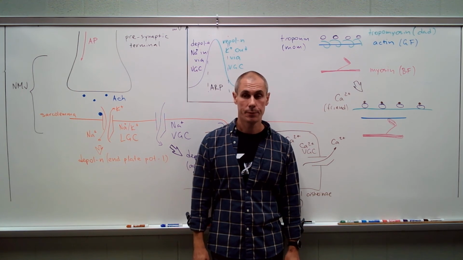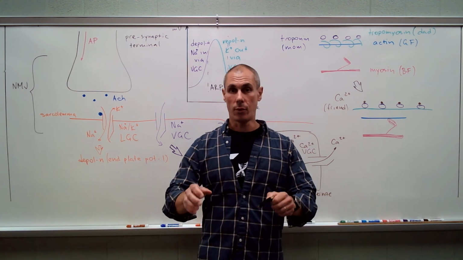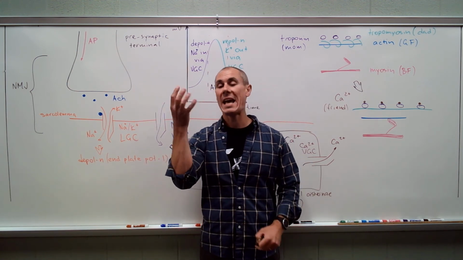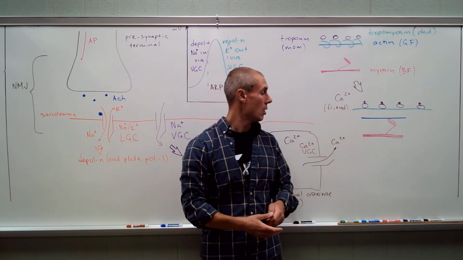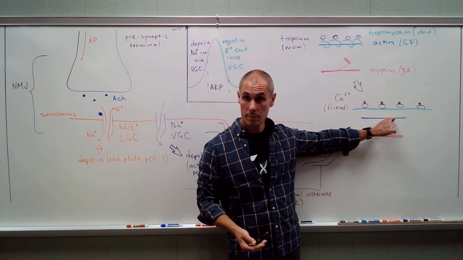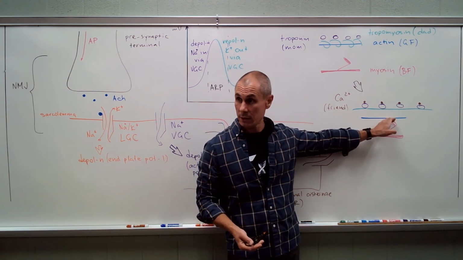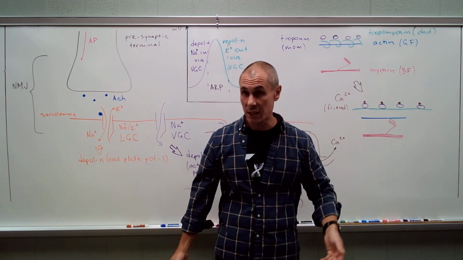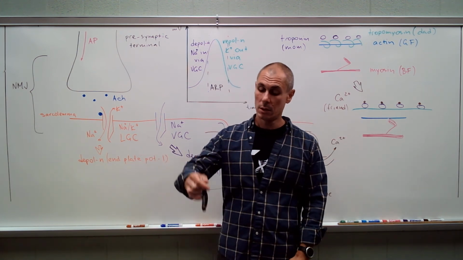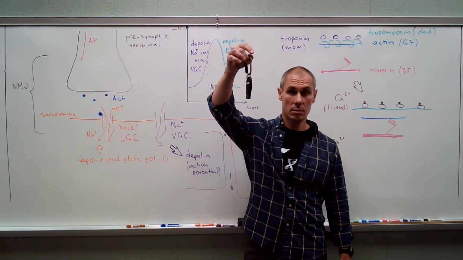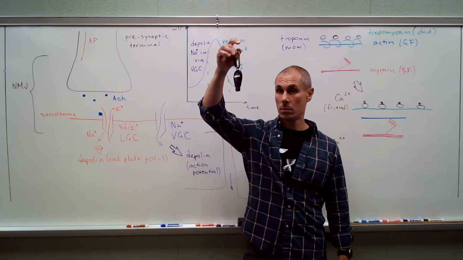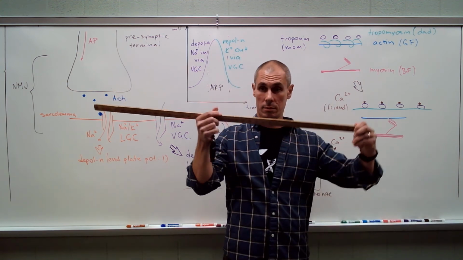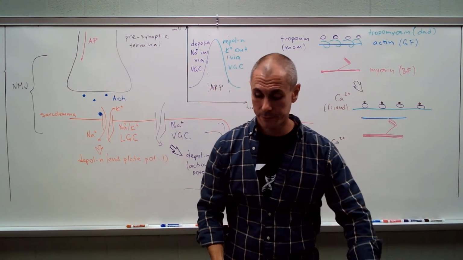Does that make sense? So in the following illustration, my hand will be the head of the myosin protein. My arm will be the rest of it. Okay? Keys is the ATP. The ruler is actin.